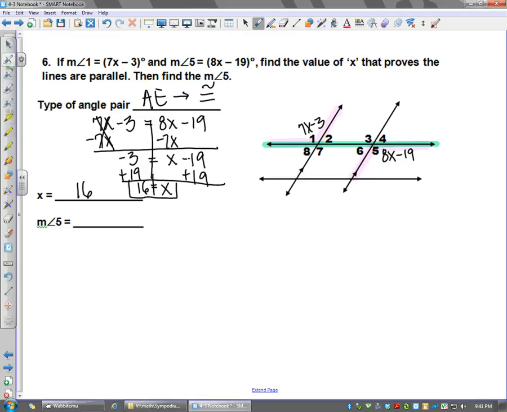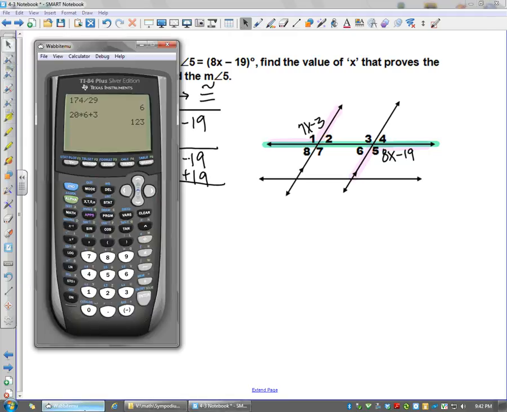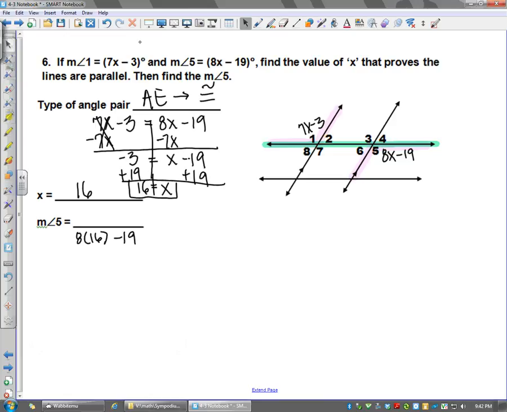If I want to find angle 5, I'm just going to plug in. So I'm going to do 8 times 16 minus 19, and I'm going to get 109 degrees.